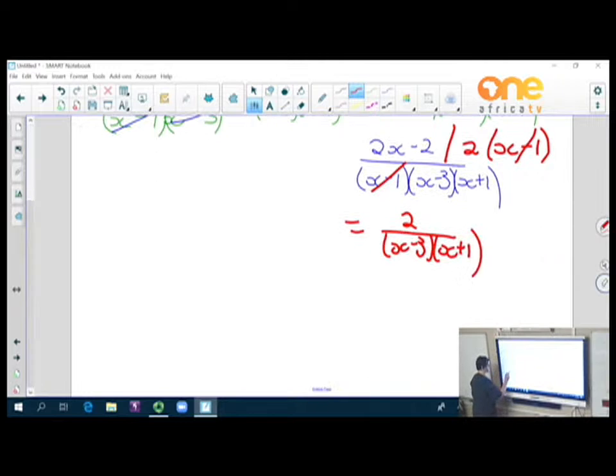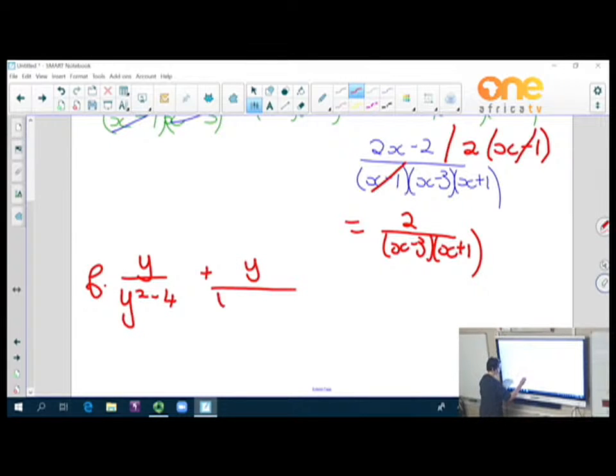And question F. y over y squared minus 4 plus y over y squared minus 5y plus 6. Factorize means brackets, brackets. This is the difference between squares, so it will be y minus 2, y plus 2.